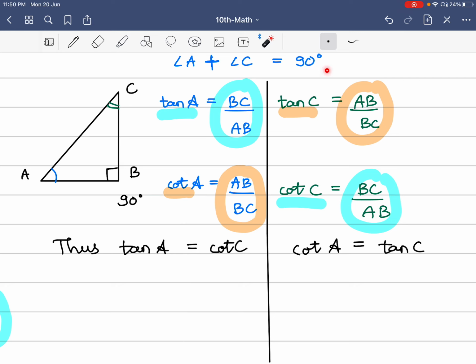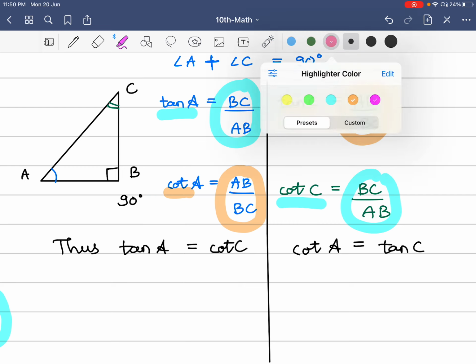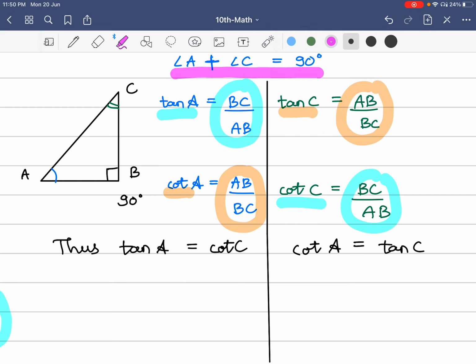And from this, let me use the highlighter. From this complementary angle relationship, we can rewrite angle A in terms of angle C, or we can do the reverse, which is basically 90 minus the angle.